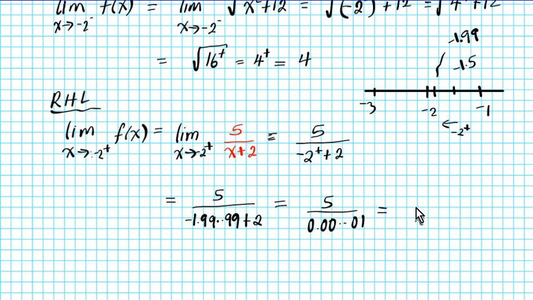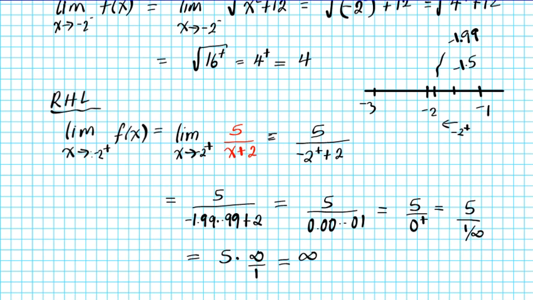And this can be written as 5 over 0 from the right. So 5 over 0 from the right, 0 from the right can be written as 1 over infinity. And then when you multiply 5 by the reciprocal of the denominator, infinity over 1, 5 times infinity is just infinity.